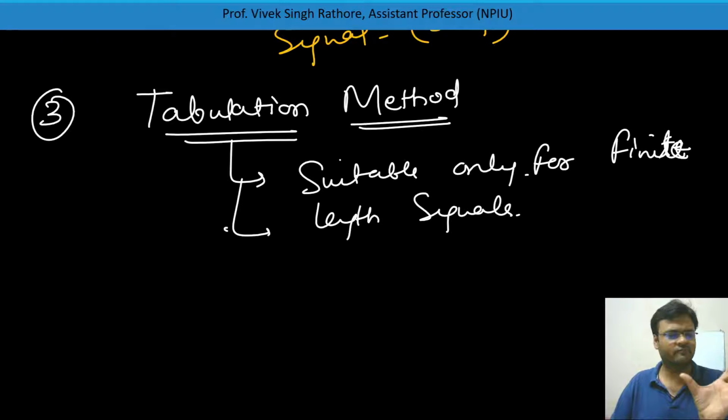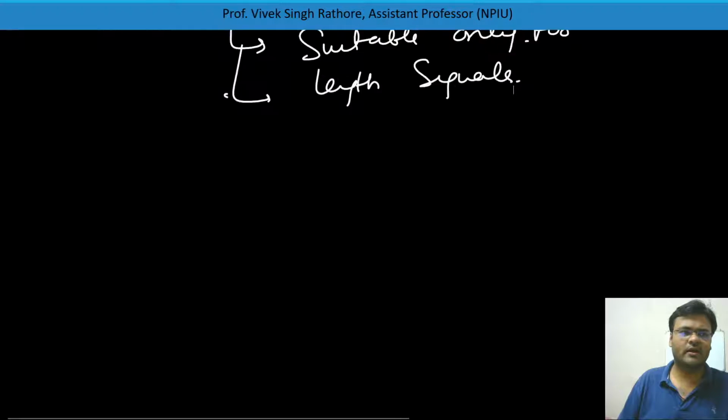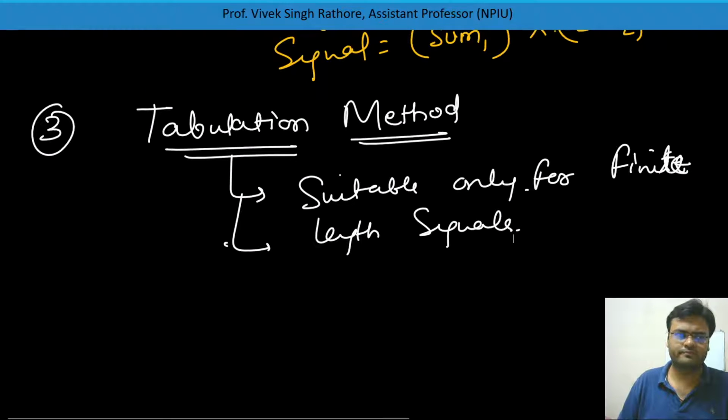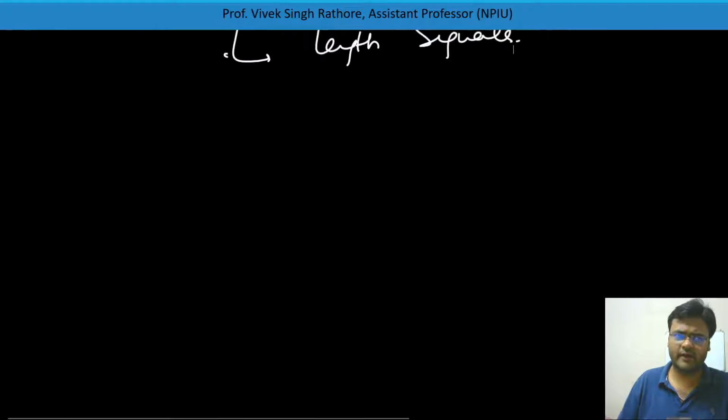Finite length means some values are there. It is not like you are convolving with something infinite and you can calculate with the tabulation method. This is not the case. So it is suitable only for finite length signals. So let's do it. Okay.